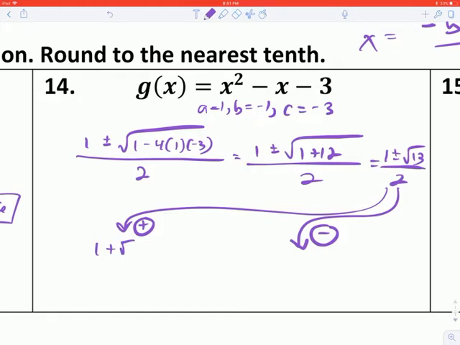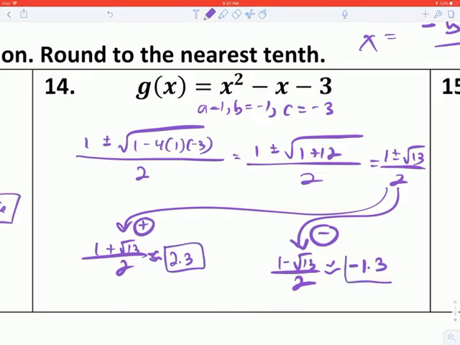So the plus would be 1 plus the square root of 13 over 2, and the minus version would be 1 minus the square root of 13 over 2. 1 plus the square root of 13 divided by 2 is approximately, and I'm going to go ahead and round this, 2.3, and 1 minus the square root of 13 divided by 2 will be negative 1.3.